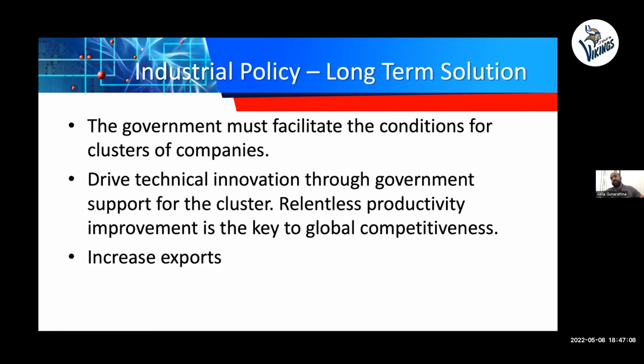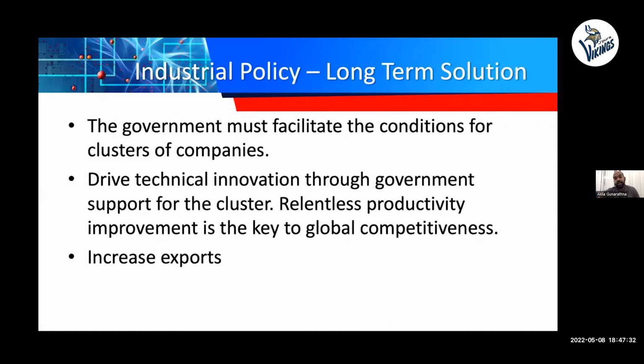Then your current account will get sorted. And try to cut down government expenses as well, because of the budget deficit, to try to reduce that. If you look at some of the government departments, those are overstaffed, and there are a lot of areas where you can cut some unnecessary expenses.